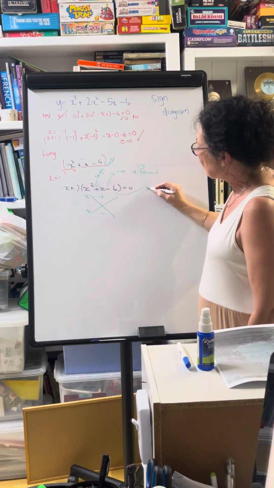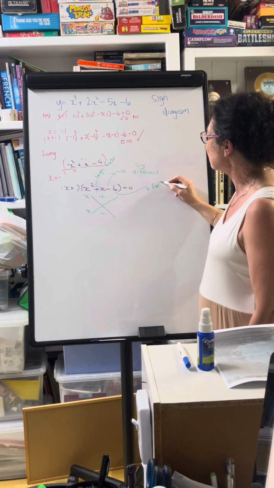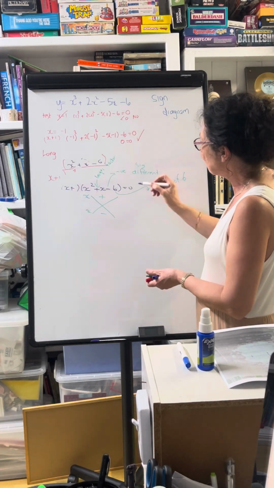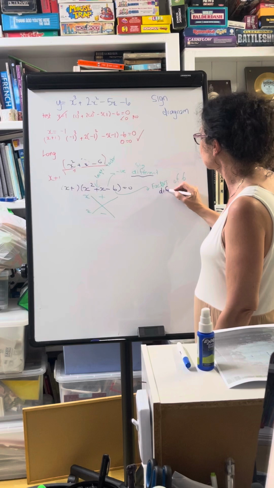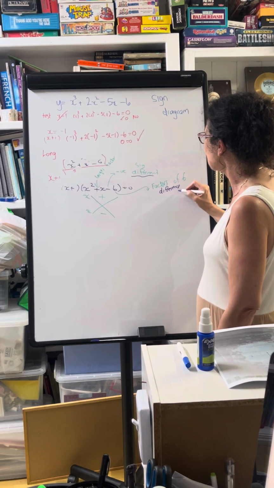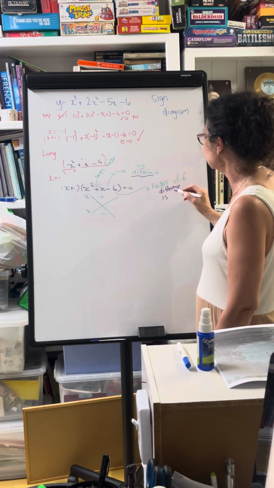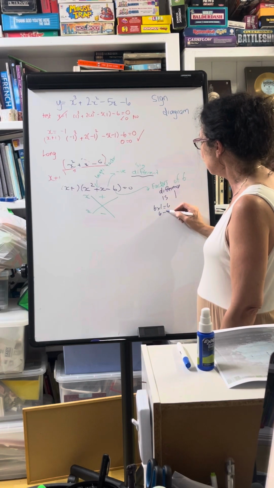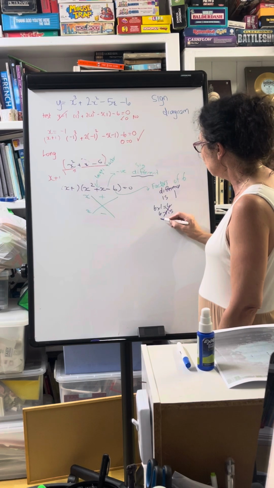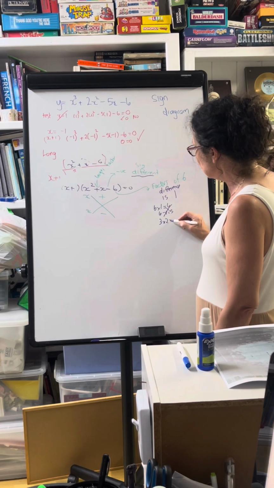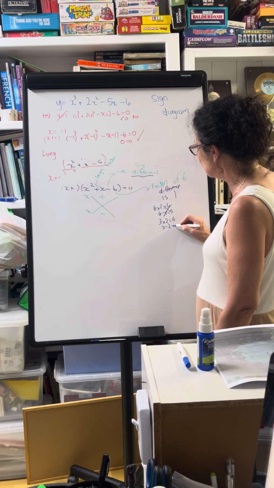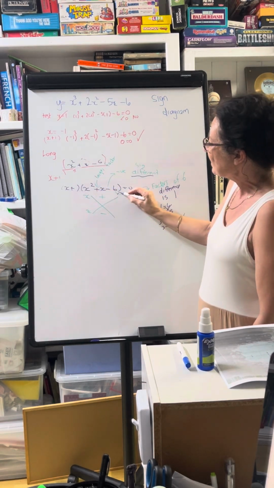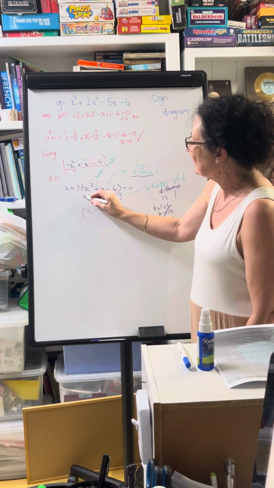Then we look at the factors of 6 where the difference is 1. And we go 6 times 1 equals 6, but 6 take 1 equals 5, so that's not it. Then you go, okay, there's 3 times 2 equals 6, and 3 take 2 does equal 1. So they're my factors. This told me that the larger one is positive.